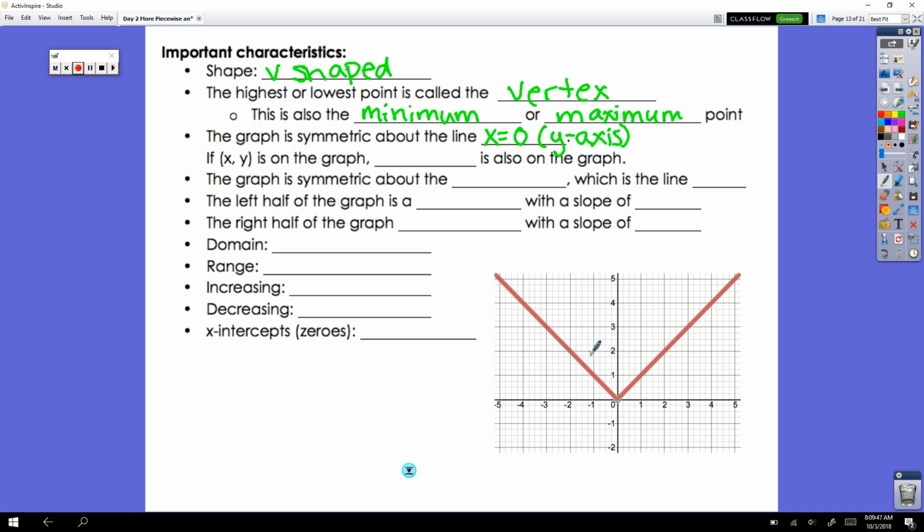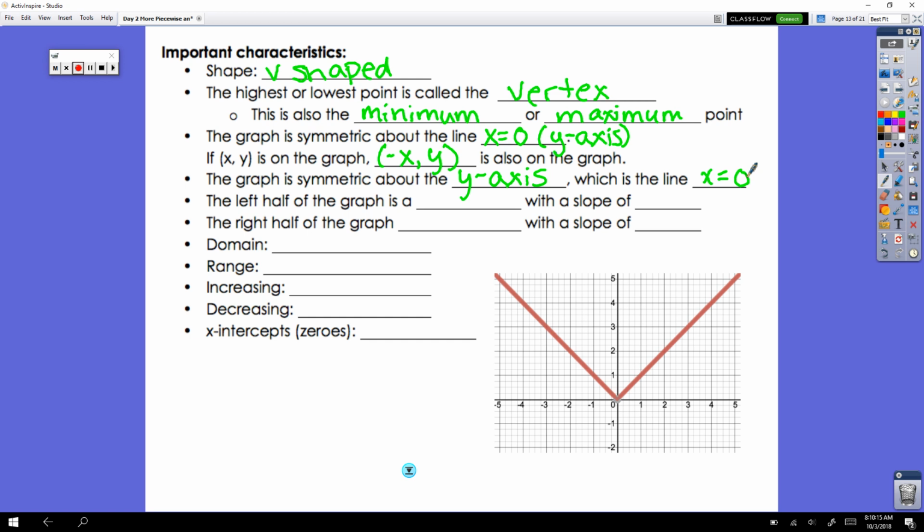If x, y is on the graph, negative x, y is also on the graph. All that means is when you have point 1, 1, you're also going to have point negative 1, 1. The graph is symmetric about the y-axis, which is the line x equals 0. We kind of already said this.